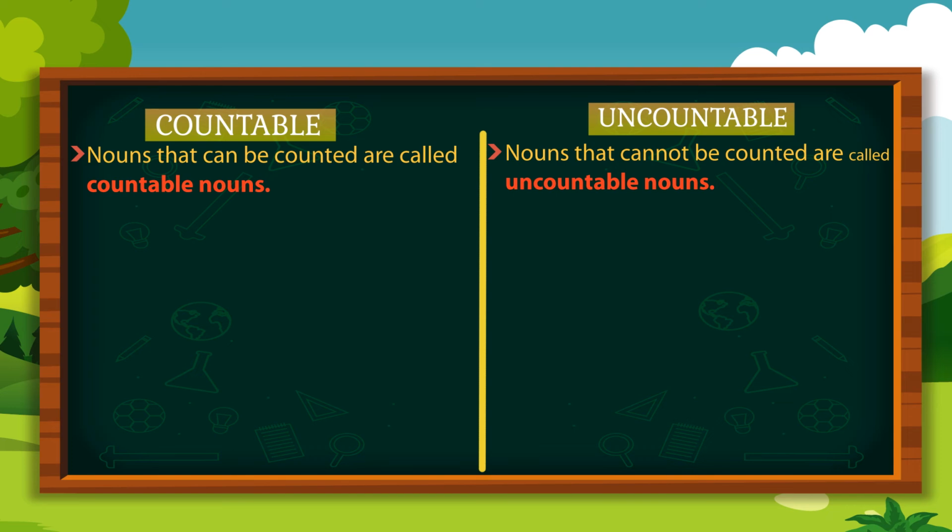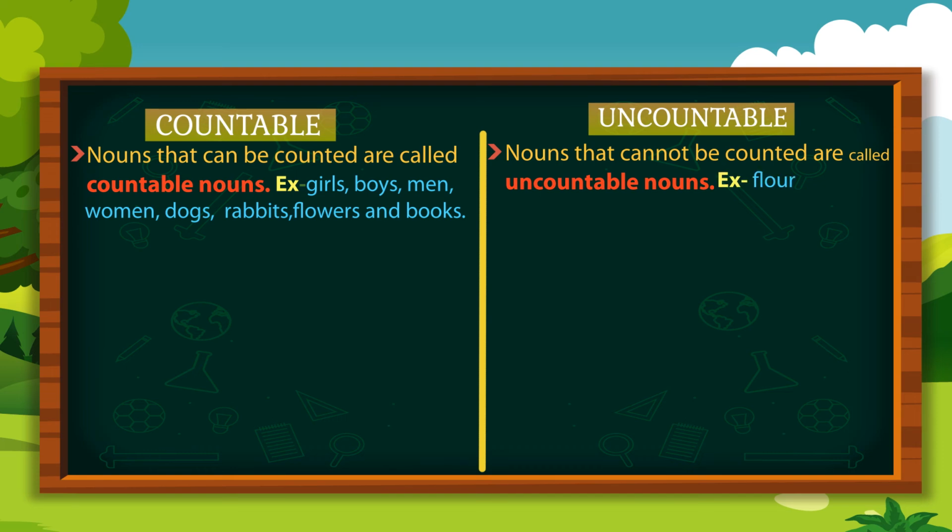We can count the numbers of girls, boys, men, women, dogs, rabbits, flowers, and books. We cannot count nouns such as floor, grass, oil, milk, sand, sugar, tea, and water.